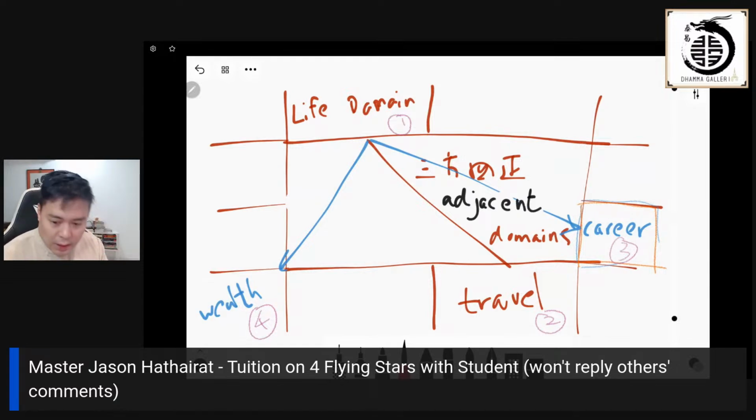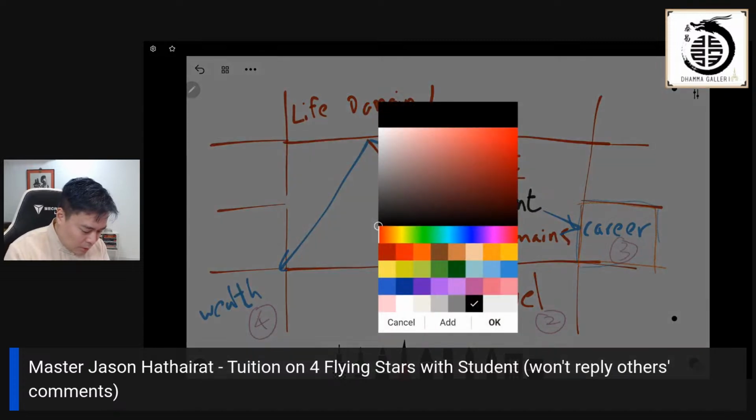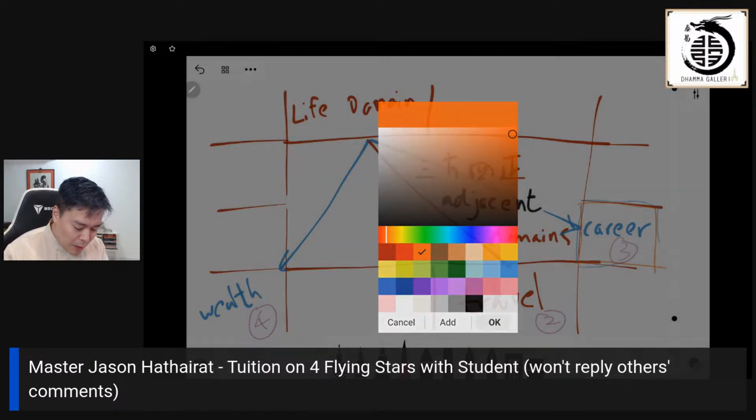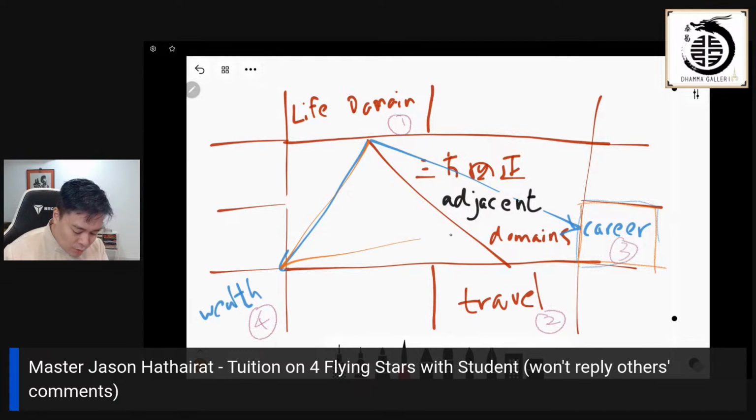Adjacent means next to, or in a geometrical shape, on the same side when divided by a straight line, a pair of angles. Just remember they are a pair of angles.